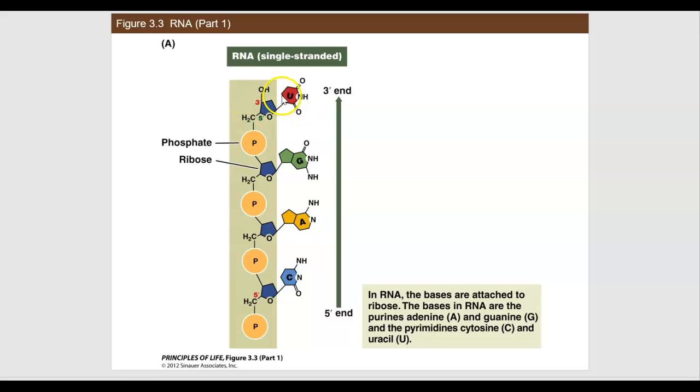But what you see here is that it's single-stranded, and we're running from what's called, remember, the 5' end up to the 3' end. And we're basing that orientation of this RNA molecule. When we say 5', look right here and see that represents the bottom of the strand.